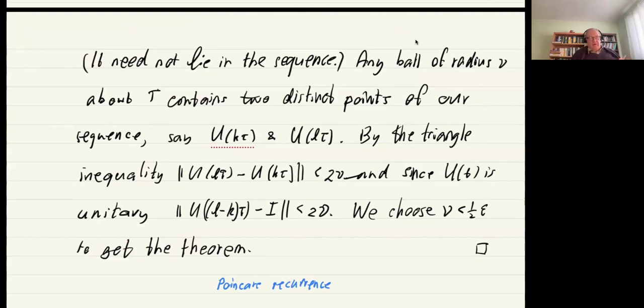Poincare was thinking about orbits of planets and things, he was doing physics. The problem with the Poincare recurrence is that you don't have much control. We know that we're going to return to within epsilon of the identity. We don't have much control over the time it takes. In practice, the waiting time is not physical. It starts getting comparable to the life of the universe or something. But as a mathematical theorem, we're okay.